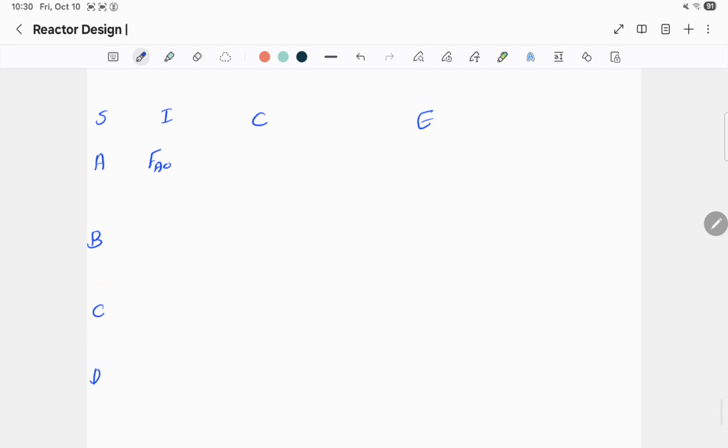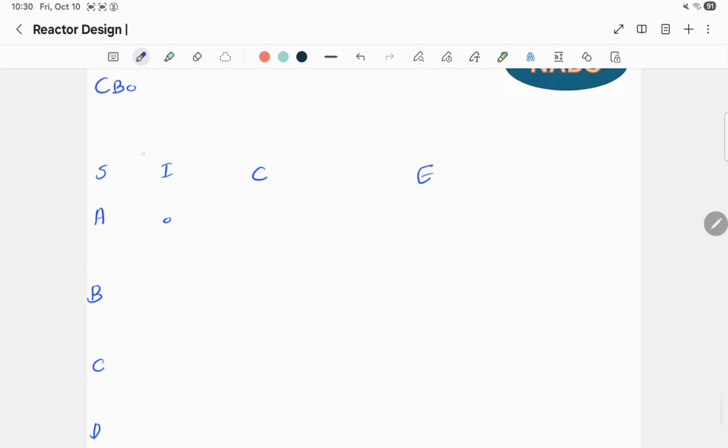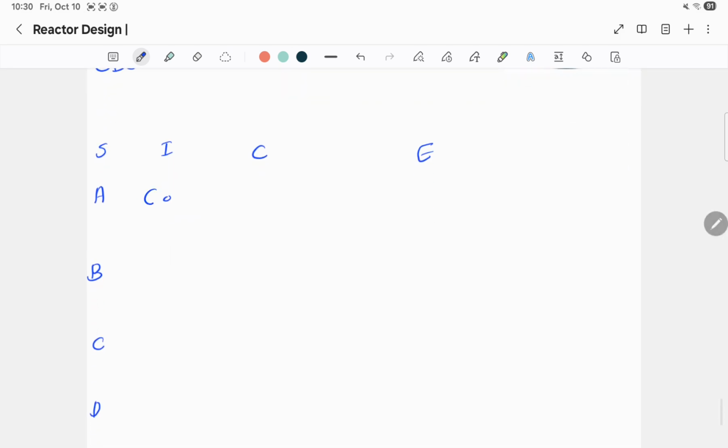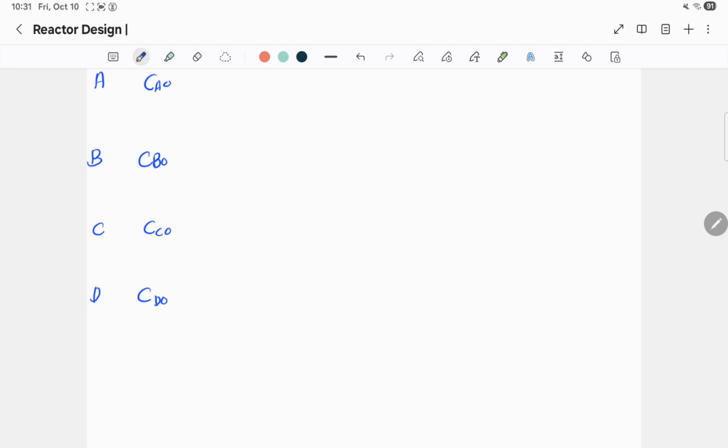Initial is just the values of the initial. Oops, we're doing it in terms of concentration. Let me correct that. CA naught, CB naught, CC naught, CD naught. Usually these two are 0 because we don't have any value for them in the inlets.